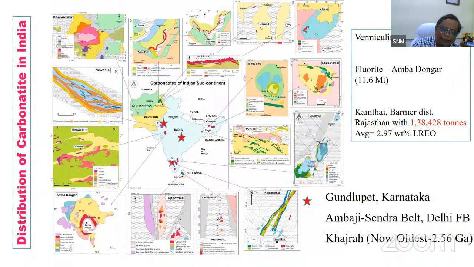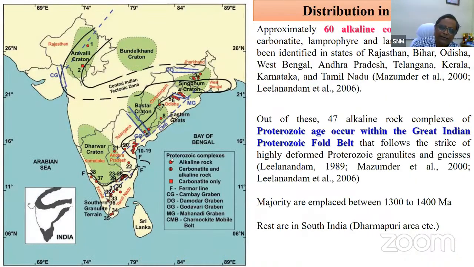This is a new kind of report, as I can tell you that this is occurring at the contact between Dharwar and SGT. Actually, the alkaline carbonatite rocks and alkaline complexes have been well known in the Dharmapuri rift zone for many years, many decades.